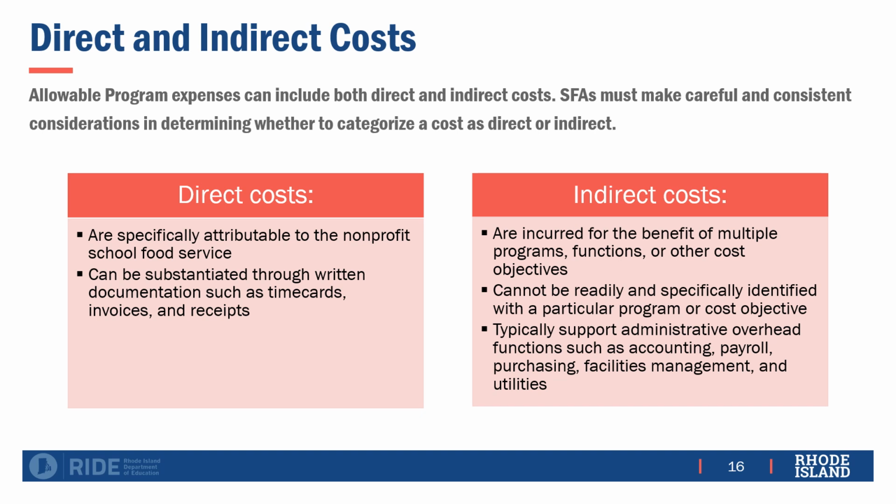Examples of common indirect costs include payroll services, human resources, workers' compensation, procurement, gas, electricity, sewer, water, trash, and the superintendent's office.